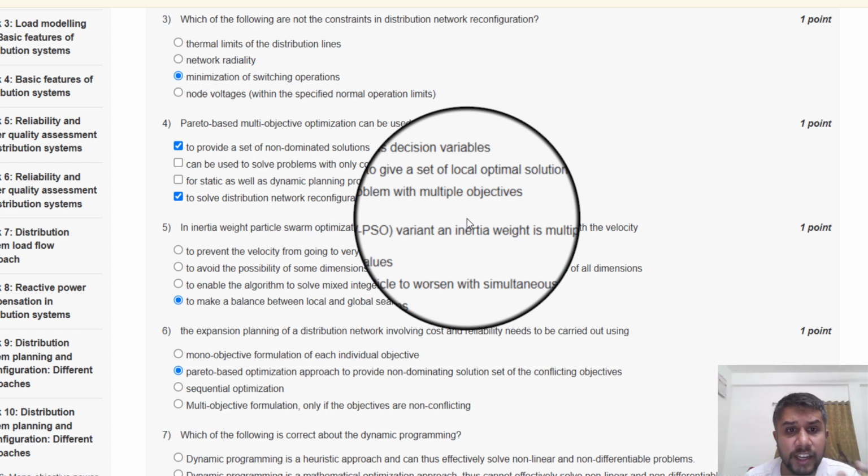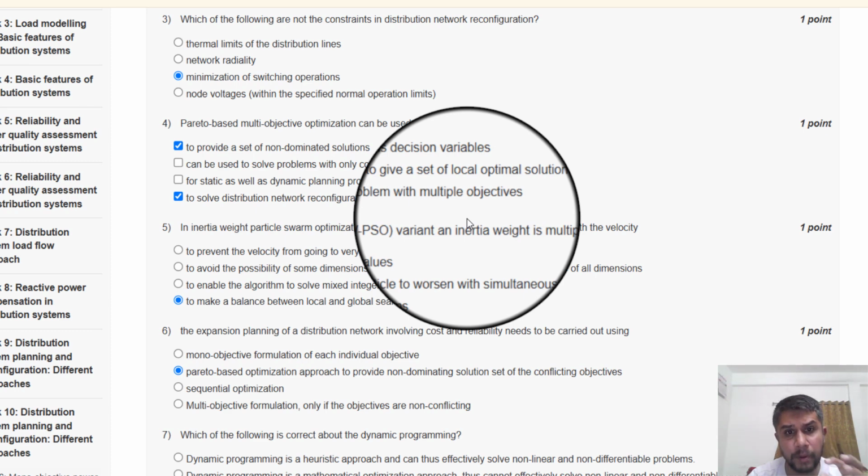Third is, for static as well as dynamic planning problems, it can be used, but it will give a set of global optimal solutions. That is a slightly contradictory statement, so we cannot take it as the correct answer. Last is to solve the distribution network reconfiguration problem with multiple objectives. So it is right. So options 1 and 4 are correct.